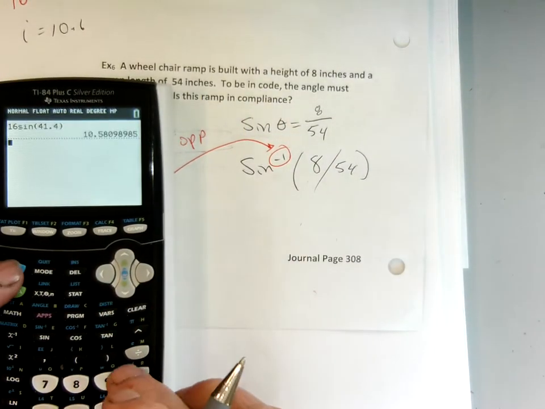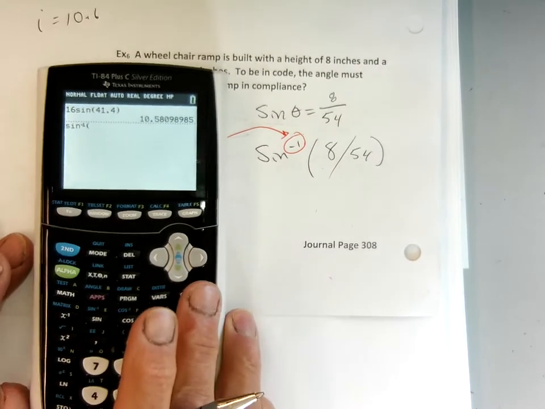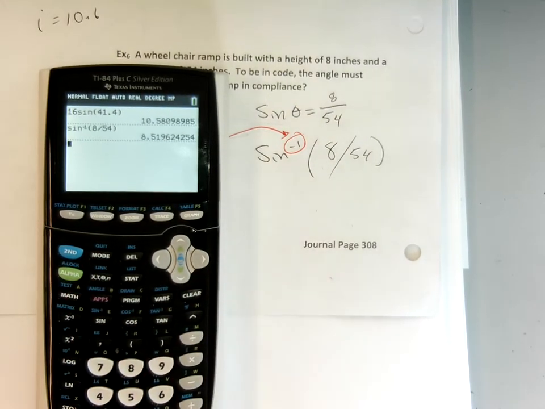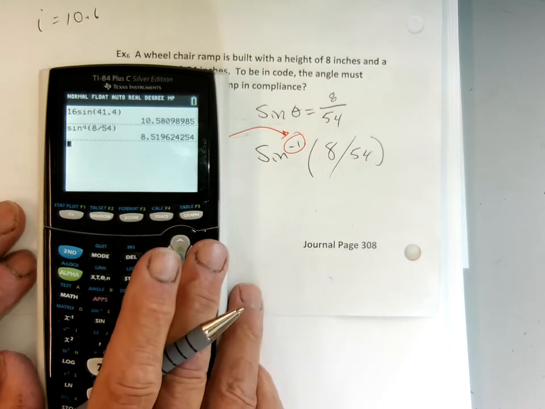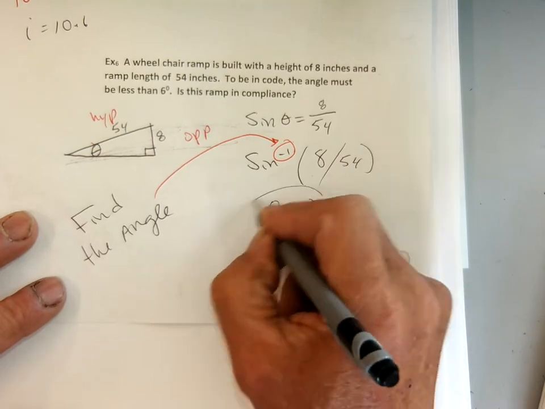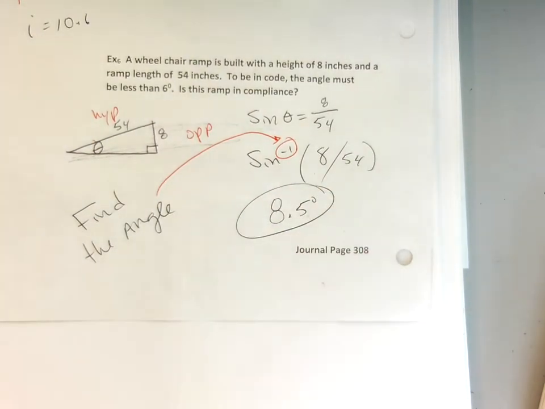So I'm going to go sine inverse. I got to use my blue button, sine inverse of 8 divided by 54, and I get an answer of about 8.5 degrees. Sorry, we got to tear it down and build it again. It's too steep for Grandma to get up, huh? Grandma's not going to get up that ramp. She is going to be in sad shape.